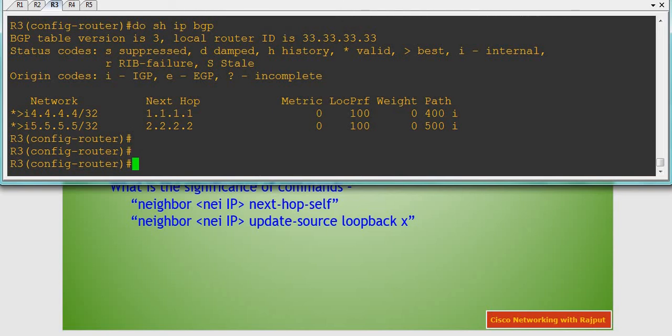That is why in all the cases where we use iBGP on loopback interfaces, we must specifically tell BGP that you need to source your session on this specific interface. Otherwise the iBGP session will never come up because it will always try to source from the physical interface, and on the other end the configured neighbor IP address is the loopback IP address. So both of these will differ and the iBGP session will never come up.